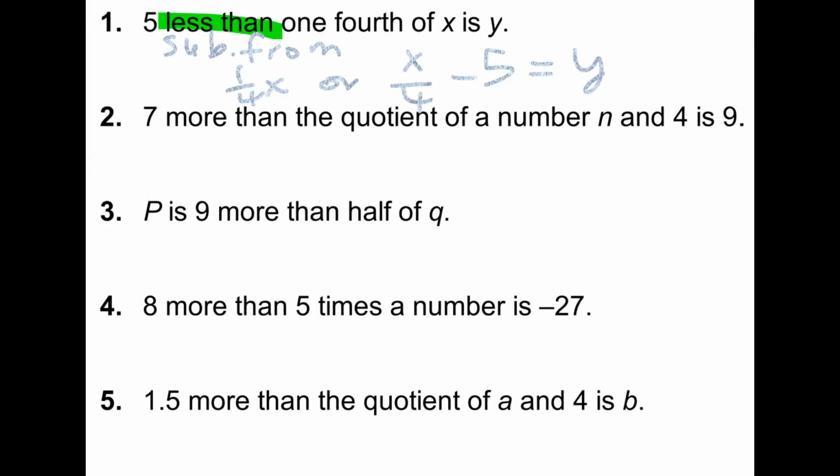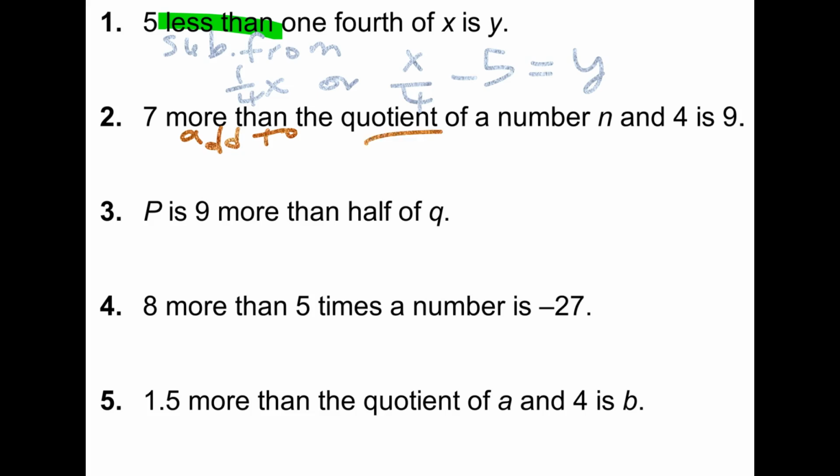All right, 7 more than the quotient of a number n and 4 is 9. More than means to add to. All right, bronze, I see you out here being bold and stuff. I see you. Added to. I should say added to. All right. 7 added to the quotient of a number n and 4 is 9.